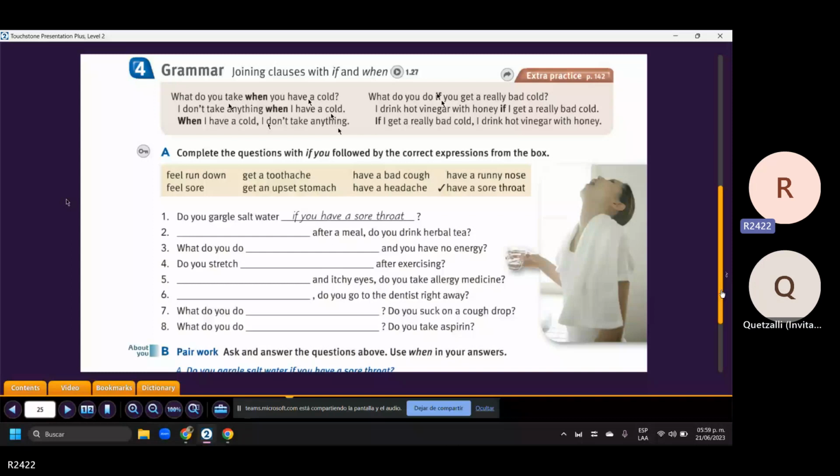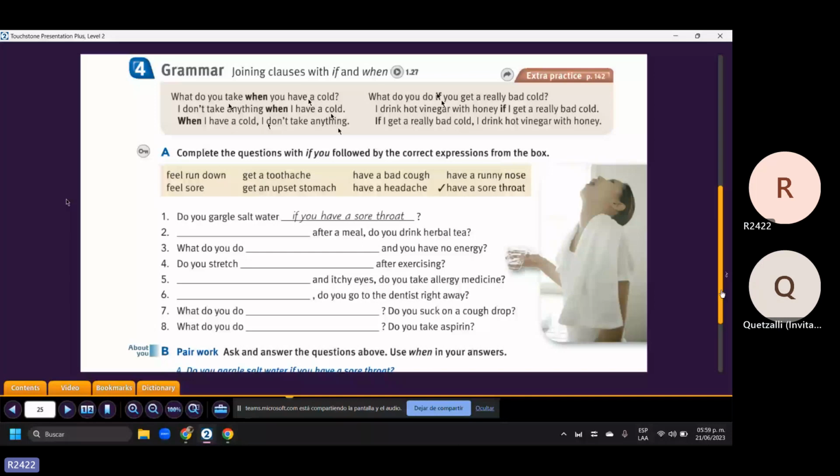And we use when más para referirnos a una situación en un tiempo, right? Una condición que va relacionada a alguna situación de un tiempo. Por ejemplo, en este caso, el tiempo podría ser cuando tienes un resfriado, right? Entonces, ¿qué es lo que tomas cuando tienes un resfriado?